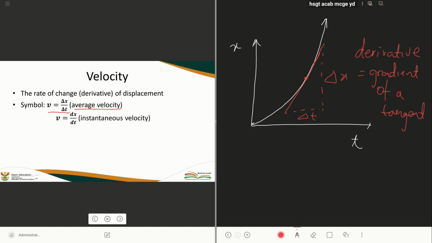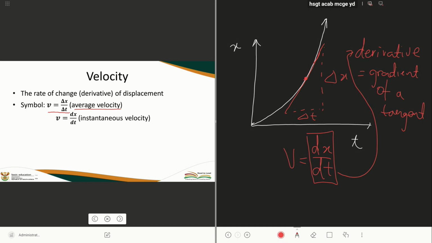So if we are saying that the gradient of this tangent is equal to the velocity of this object, it means that velocity in this question can be expressed as dx/dt, and this dx/dt is the derivative.